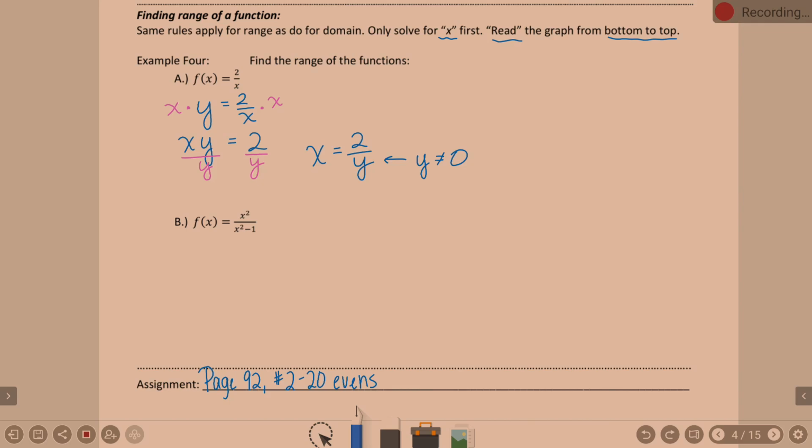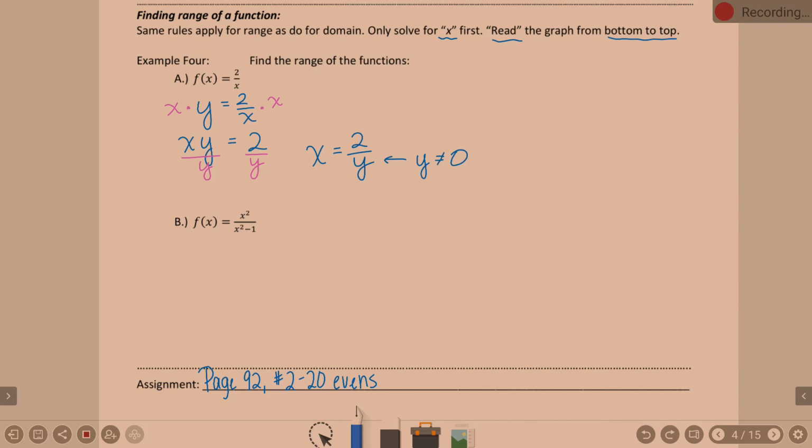So if I go back and graph the original function, it was 2 over x. Helps if you select the graph. Try this again. There we go. This graph looks similar to the last one, doesn't it? Okay, that's fine.